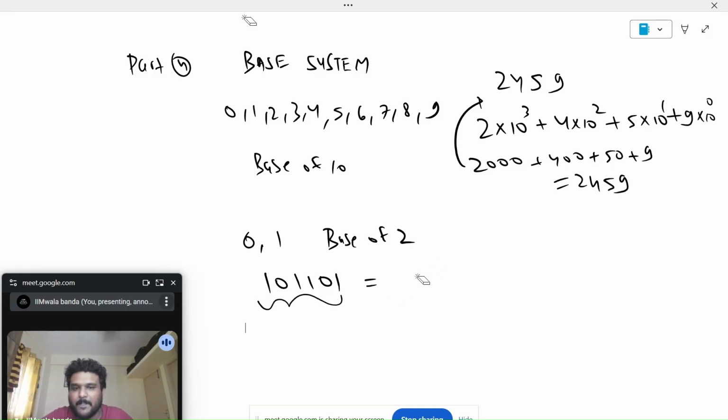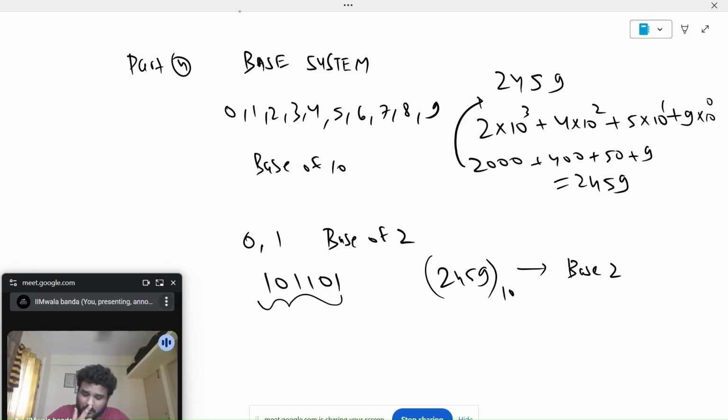For example, let's say I want to convert 2459, which is in base 10. This is one of the ways of denoting it. And I want to convert it into base 2. What will I do? I'll take the numbers and I'll multiply with powers of 2. And in that way, I will get to this number.